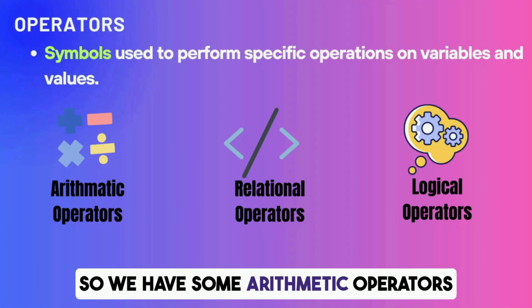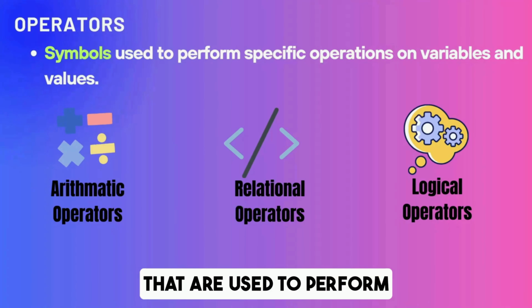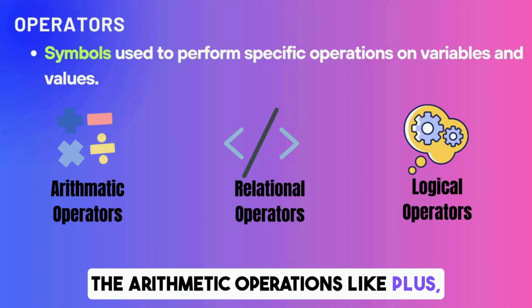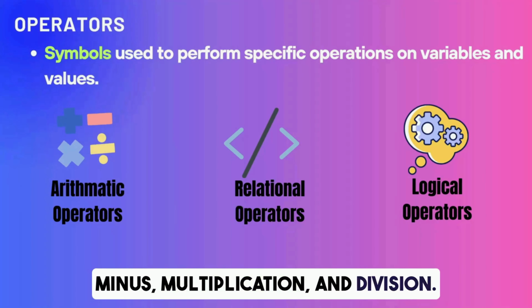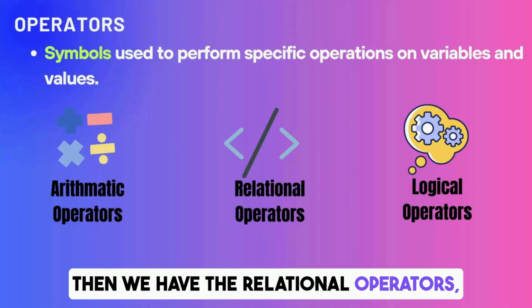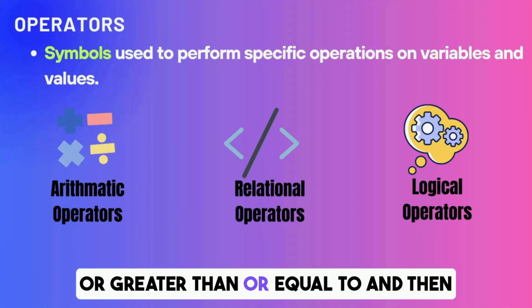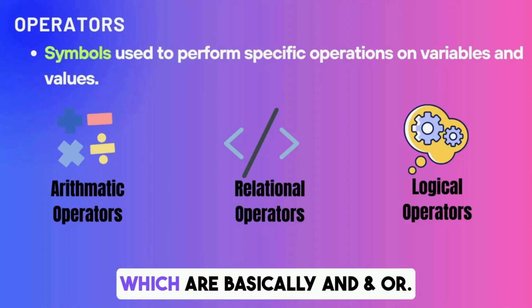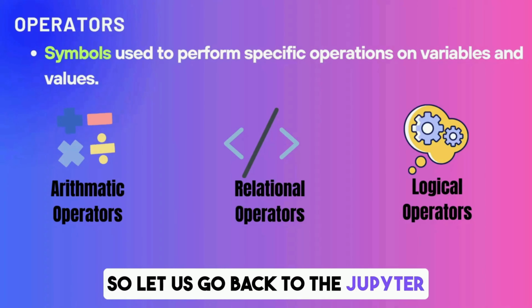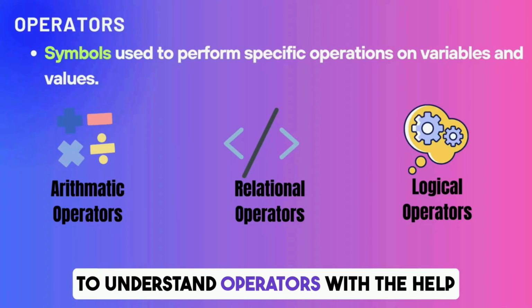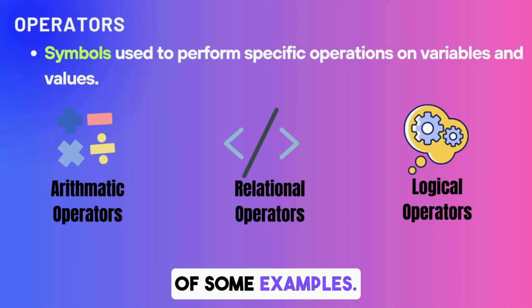So we have some arithmetic operators that are used to perform the arithmetic operations like plus, minus, multiplication and division. Then we have the relational operators, which are primarily less than or greater than or equal to. And then we have the logical operators, which are basically and or. So let us go back to the Jupyter notebook and try to understand operators with the help of some examples.